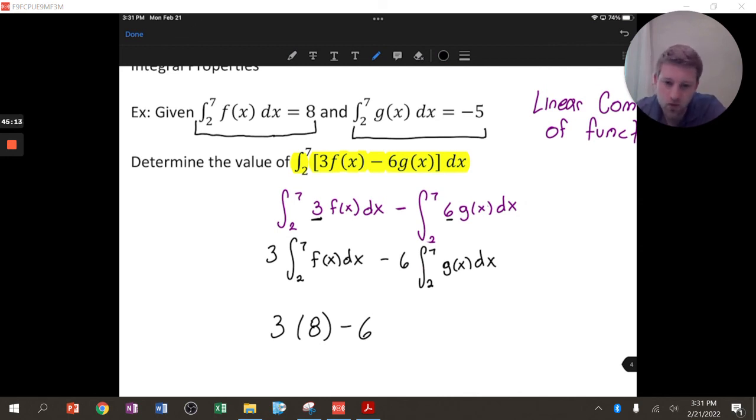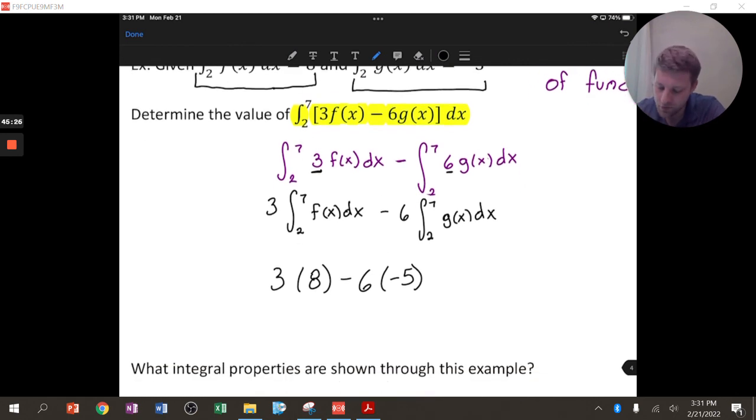And that's known to us. So we consider that as just a table value. So we can multiply that constant 6 times the -5. So to finish this up, we would just have the product 24, and double negative would give us a plus 30, which is going to give us 54 as the total.